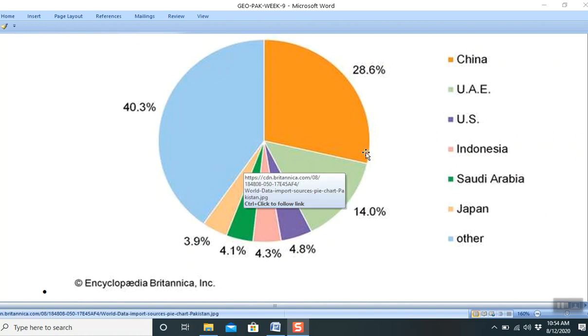China 28.6%, UAE 14%, US 4.8%, Indonesia 4.3%, Saudi Arabia 4.1%, and Japan 3.9%, whereas the other miscellaneous countries collectively make 14.3% of the trade.